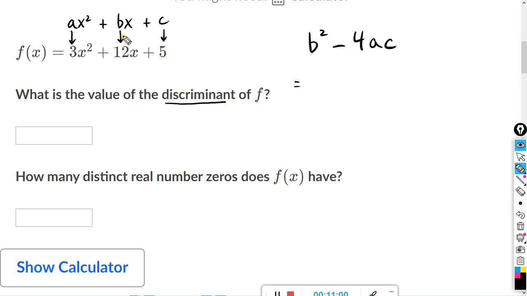So b squared is going to be 12 squared. I don't need parentheses because it's already positive. Minus 4 times a, which is 3, times c, which is 5. I'm going to do this on the calculator, and I got 84.